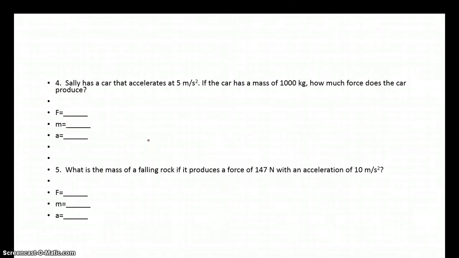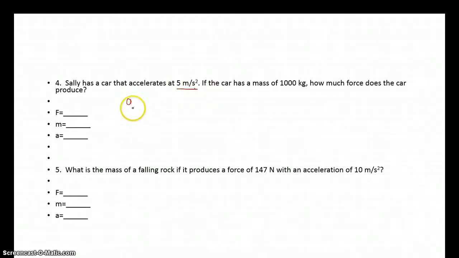Okay, so for the first one that we'll go through, you have Sally who has a car that accelerates 5 meters per second squared, and if the car has a mass of 1,000 kilograms, how much force does the car produce? So as always, we're going to underline our numbers and start identifying what we have.